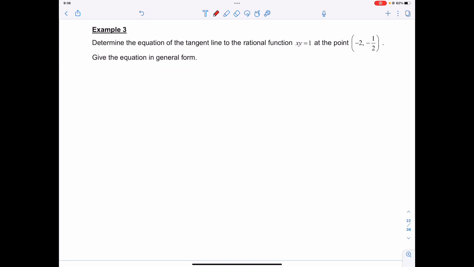If it says determine the equation of the tangent line to the rational function xy is equal to 1 at the point of -2 and -1/2. We're going to take the information that we have and we're going to state that y is equal to 1 over x, which remember is our f of x.